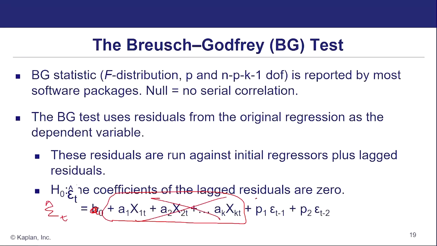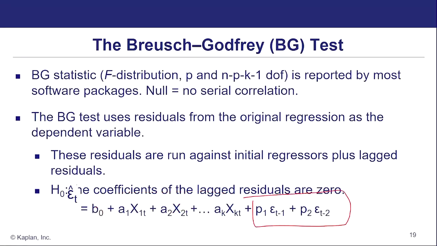My real concern is these terms. Here I have 2 lags being included in my model because I'm checking for serial correlation at 2 lags. So I want to see if the lag 1 and lag 2 coefficients are statistically significantly different from 0.